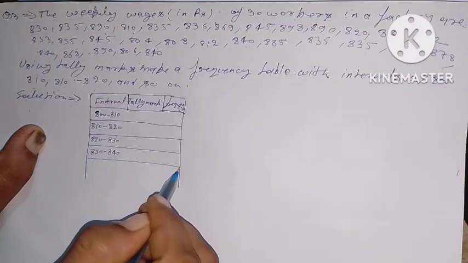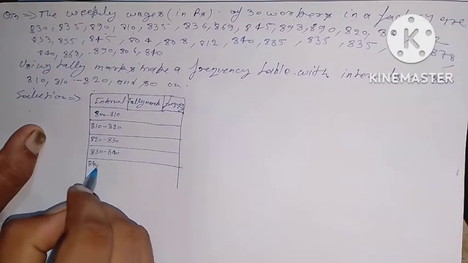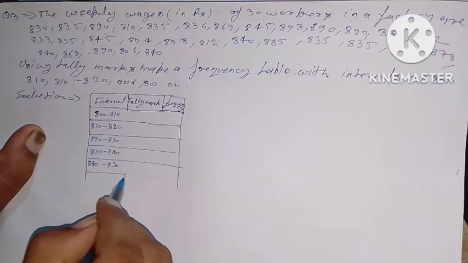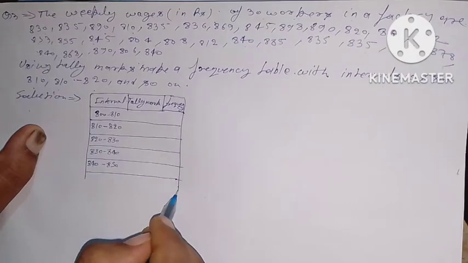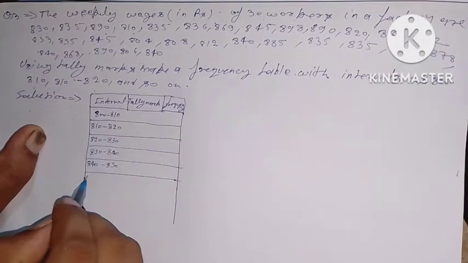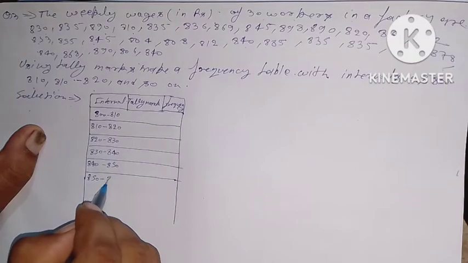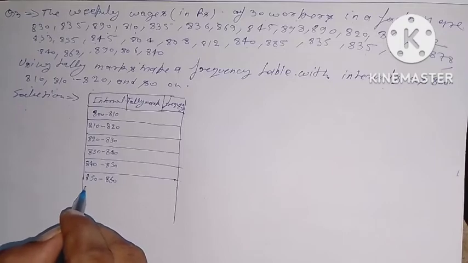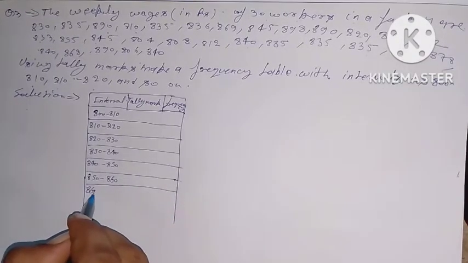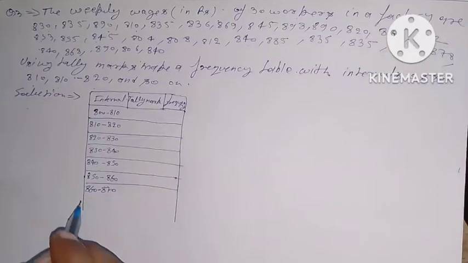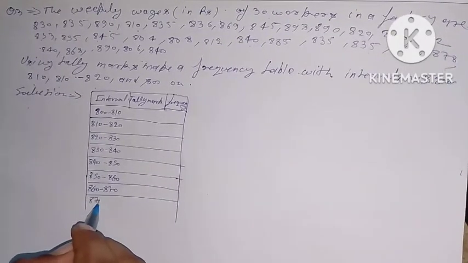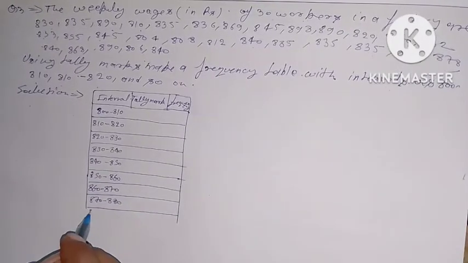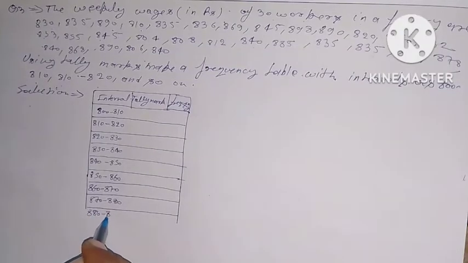And fifth is 840 to 850, then 850 to 860, 860 to 870, 870 to 880, and 880 to 890.